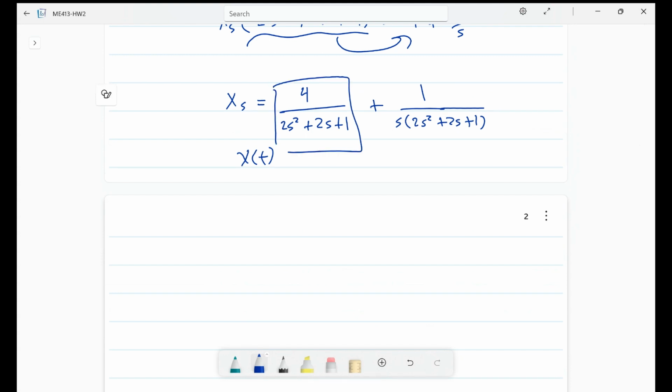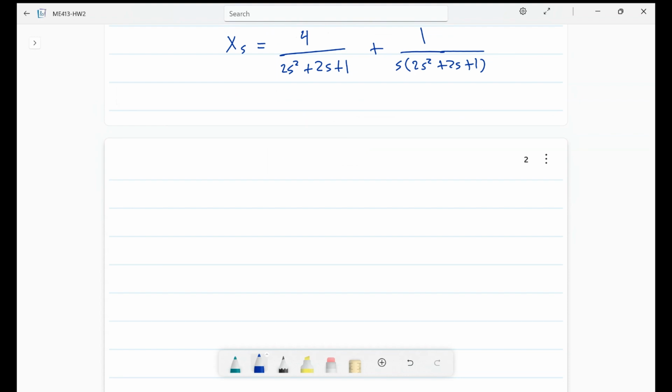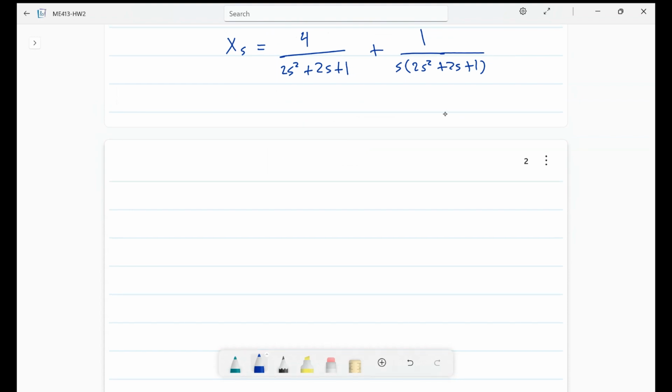Let us take it term by term. For this term, we need just a simple modification, which is completing the square. So we take this term, 2s squared plus 2s plus 1. First, taking 2 as a common factor, we will be left with 2 times s squared plus s plus half.